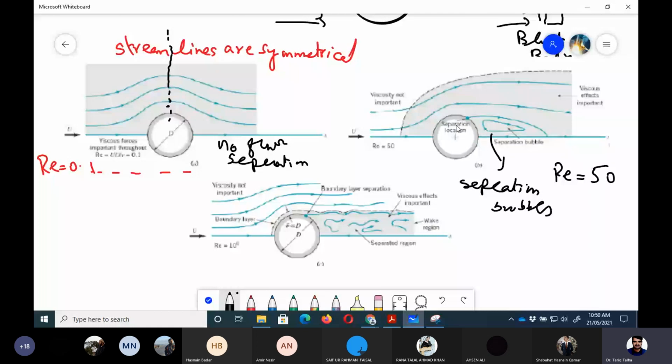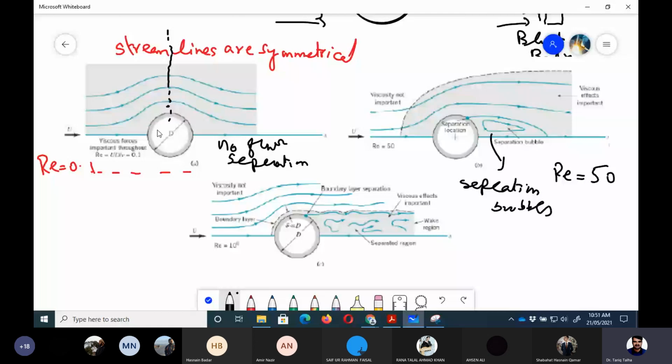So now it means that pressure drag would be very high, very significant. In the previous case, there wouldn't be any pressure drag, because whatever the pressure would be on the front, it would almost be the same pressure on the back side, maybe a little bit less. That pressure drag component would be very small, but the friction drag component would be very high because the flow has been attached at the surface, so shear forces would be higher.